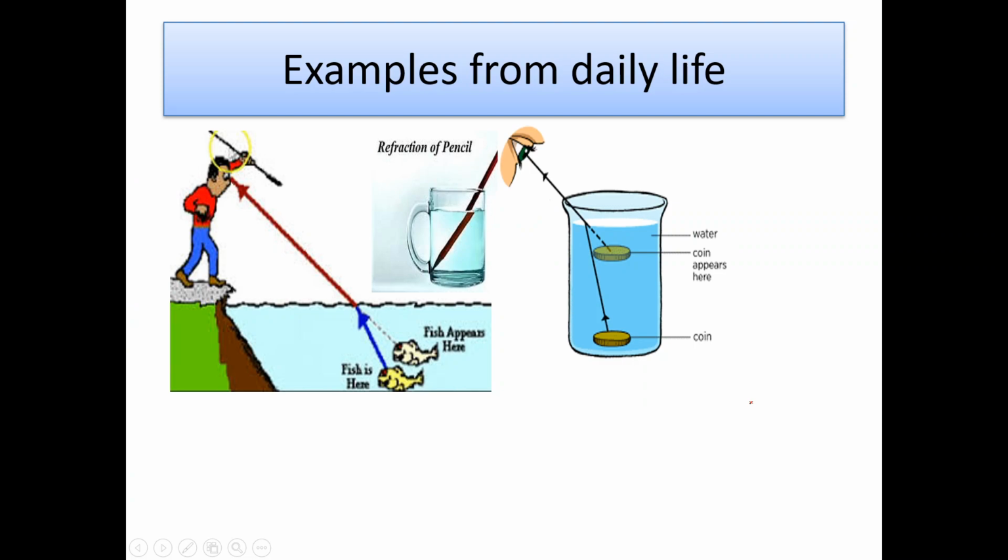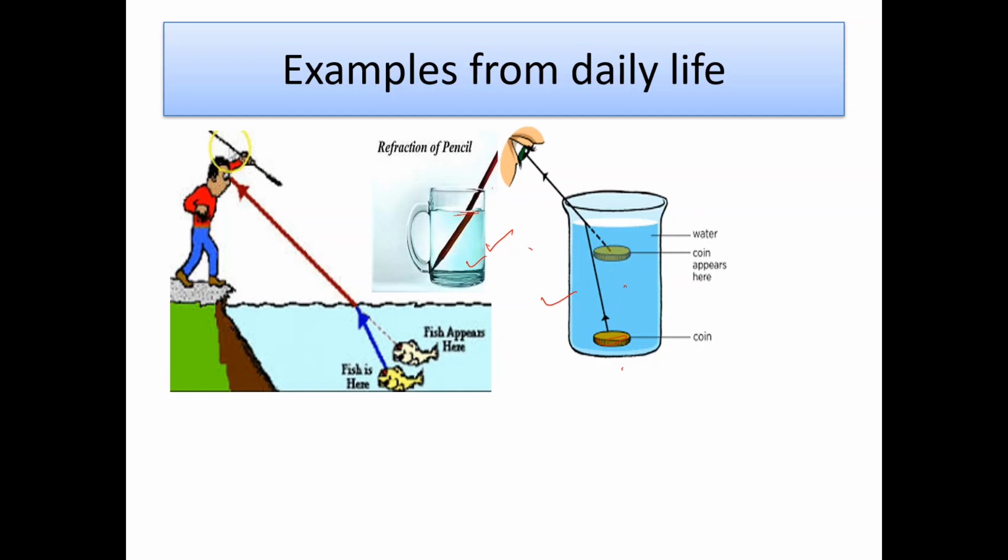You can cite many examples from your daily life which show the bending of light. This activity you might have performed in lower classes: you have a glass filled with water, dip a pencil in it, and it appears bent. You can also perform this activity: take a glass, put a coin at the bottom and start pouring water over it.